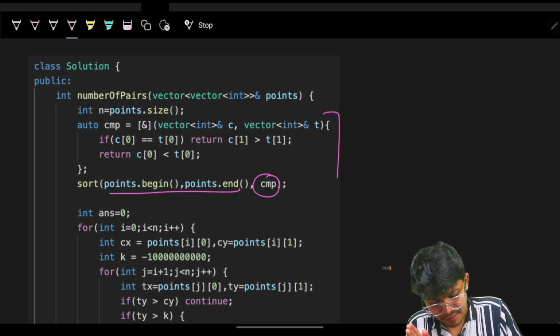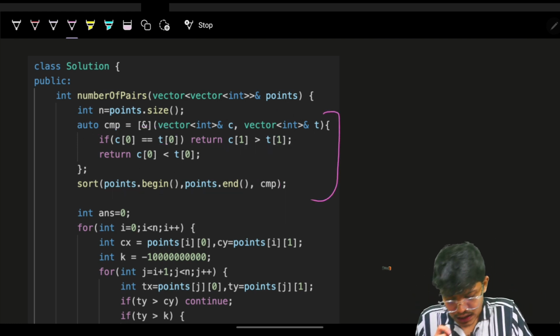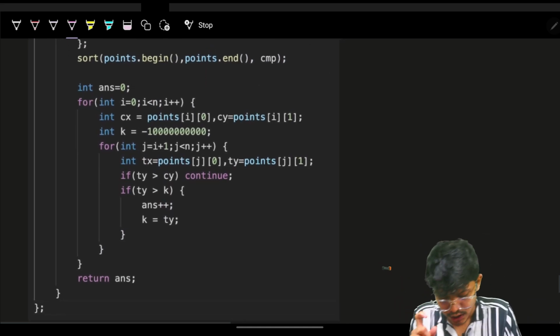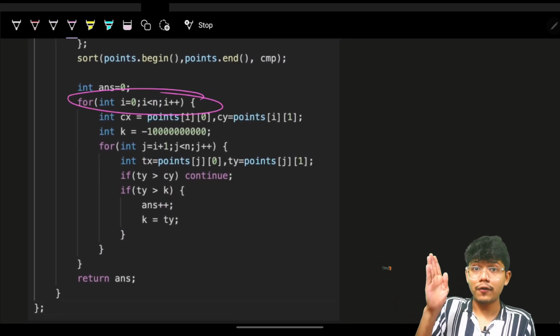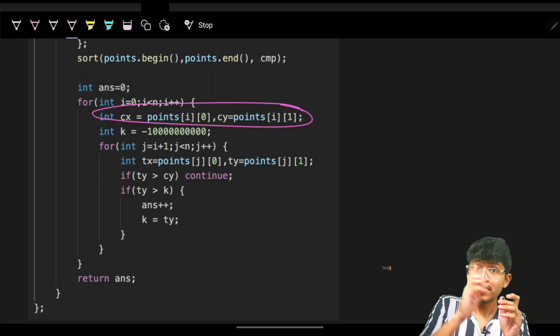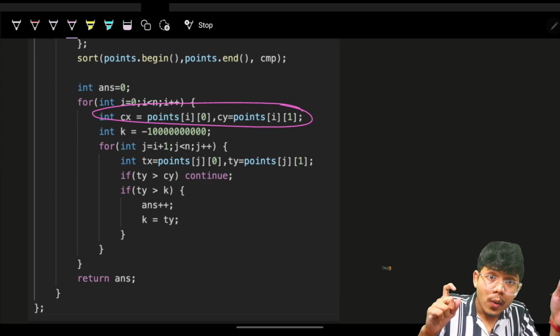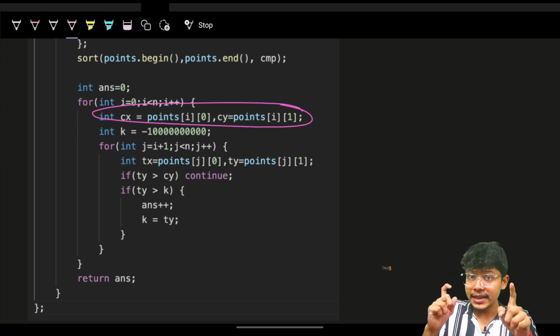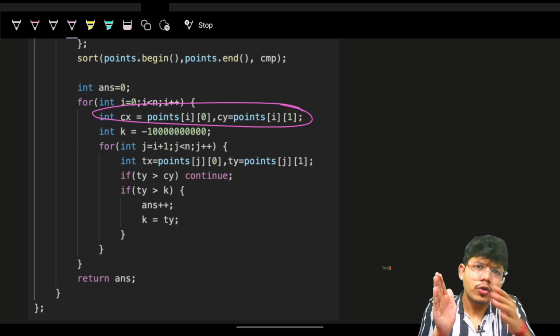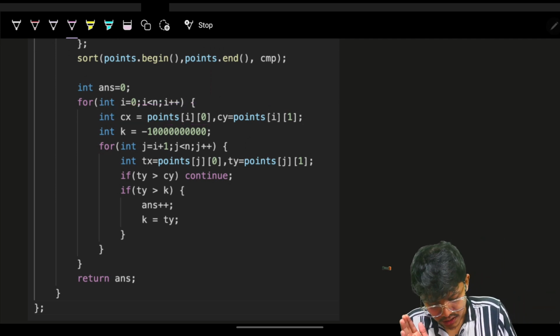Okay, when you have done the custom comparator sorting, now comes the point that you will go on and try for all the possible c values. So again, I'll go and try for all the possible i's, which represents all the possible cx cy pairs. For every one, I'll go forward, because I know that the points ahead have more x coordinates.